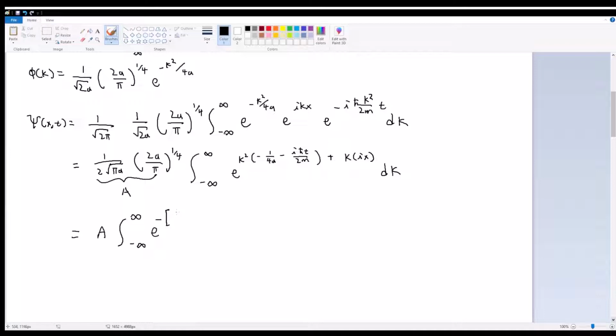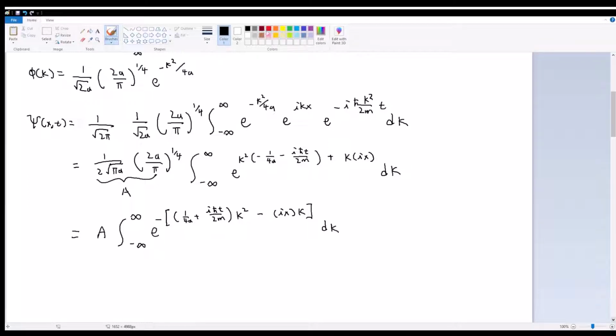This is going to give us 1 over 4a plus i h bar t over 2m times k squared, and then subtracted by ixk. And that should give us the same thing. If we multiply the negatives, the two negatives cancel out and make a positive. Yes, okay, this is the form that we want.